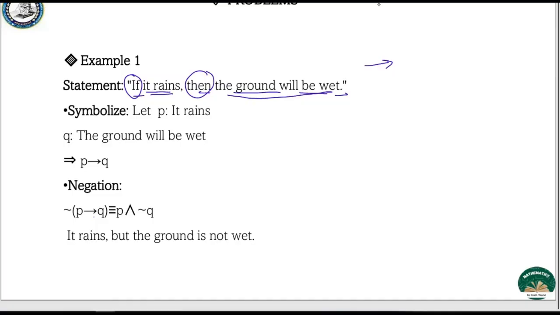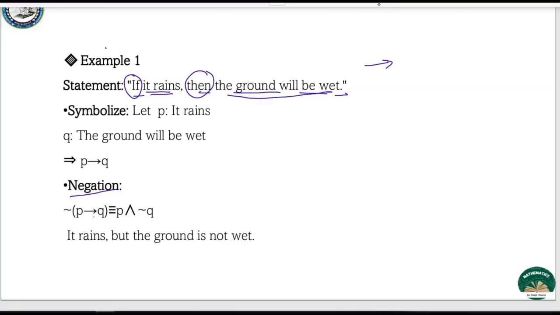So we can represent that as P implies Q. What will be the negation of P implies Q? The negation of P implies Q is logically equivalent to P and negation Q. So P and negation Q is: it rains but the ground is not wet. This will be the negation for the given statement.